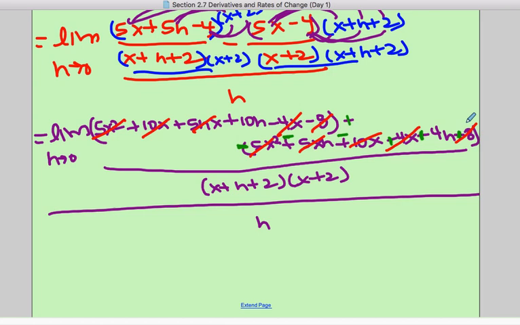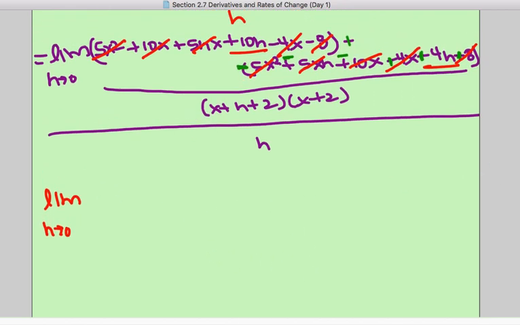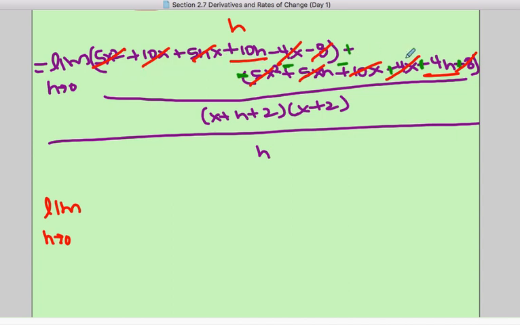Okay, so what do I have left? I got a 10h and a 14h. Okay, so we're going to write that down. My limit as h approaches 0. We got 10h over my common denominator all over h.